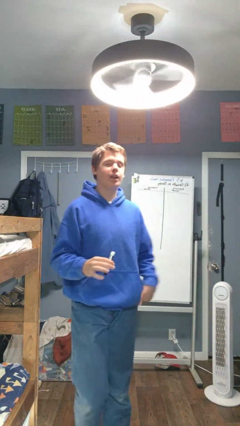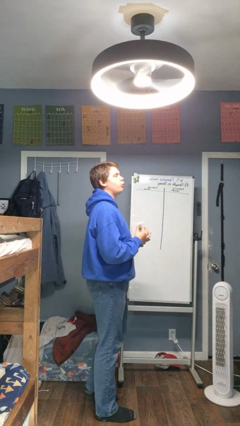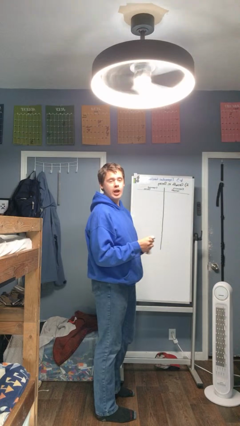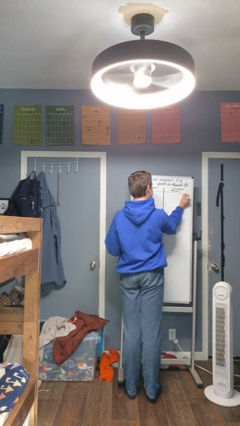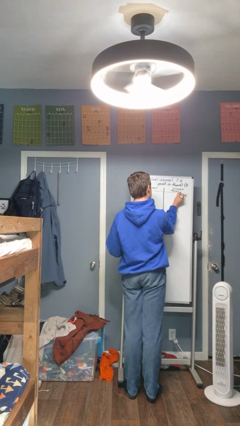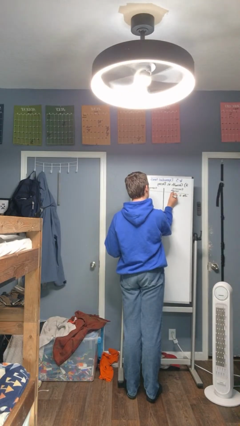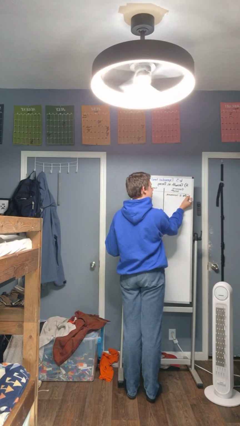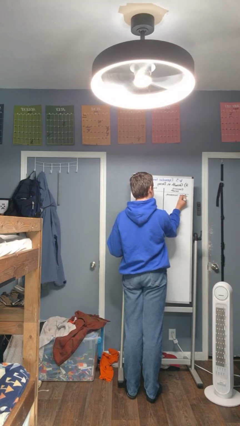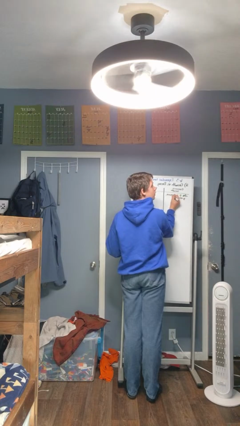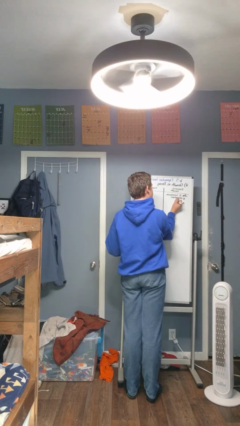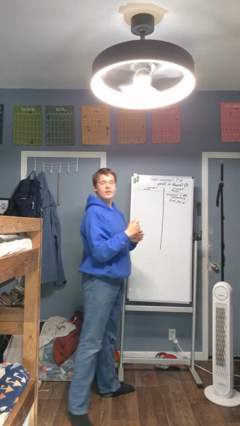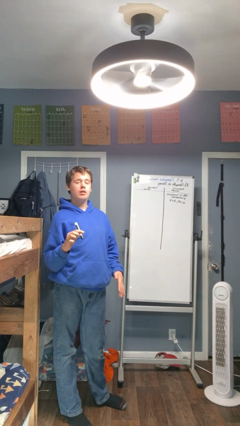Okay, so, exponent growth. Here, as x increases, then y increases. If a is greater than 0, b is greater than 1.